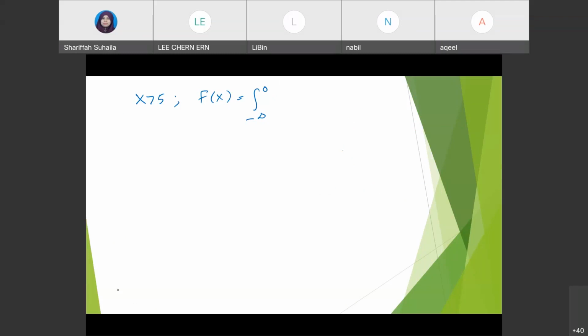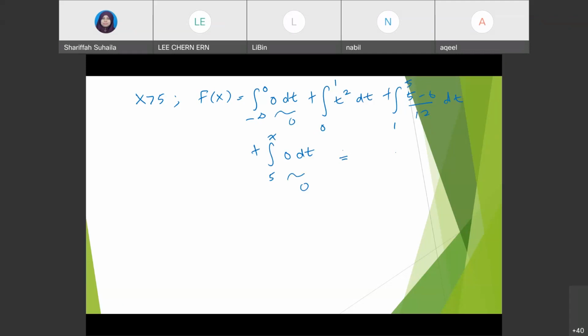Okay, 0 dt plus okay, 0 up to 1 t square dt and then 1 up to 5 minus t over 12 dt plus 5 up to x 0. So ini 0, this one 0. So solvekan this one. Okay, double check tunjukkan dia punya jalan kerja lah ya.